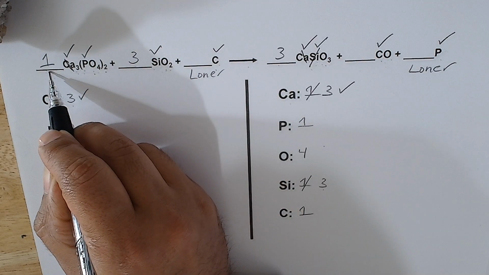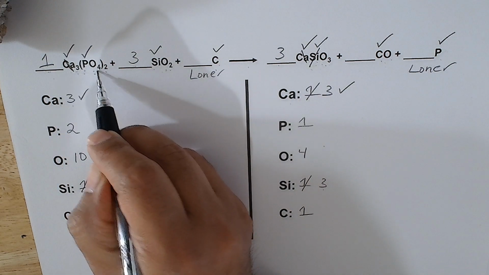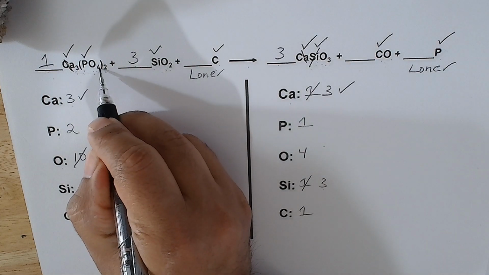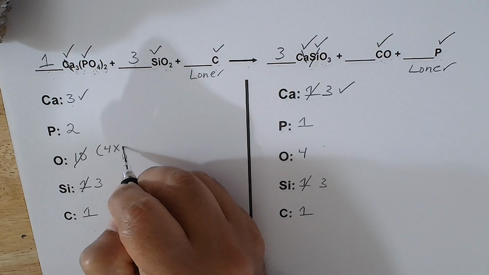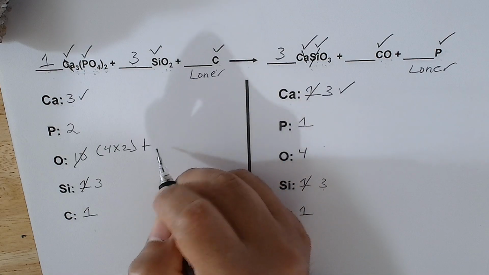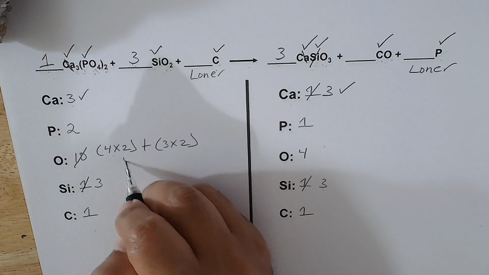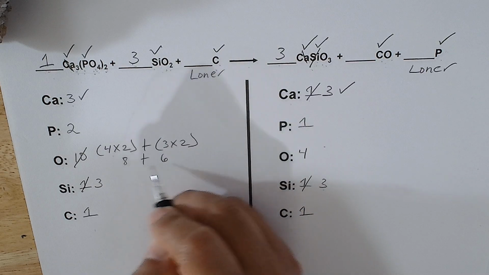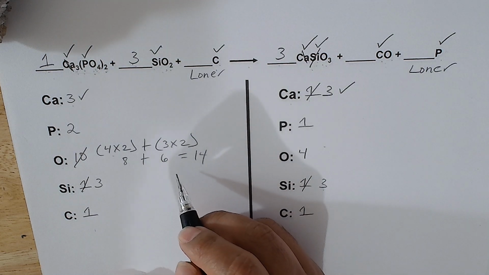When we added this 1, we locked in this compound as well. So therefore, it means that my oxygens are complete. So I need to find out how many I have. So I have 4 times 2 plus 3 times 2. 4 times 2 gives me 8, and 3 times 2 gives me 6. And 8 plus 6 gives me 14. So I now have 14 of them.